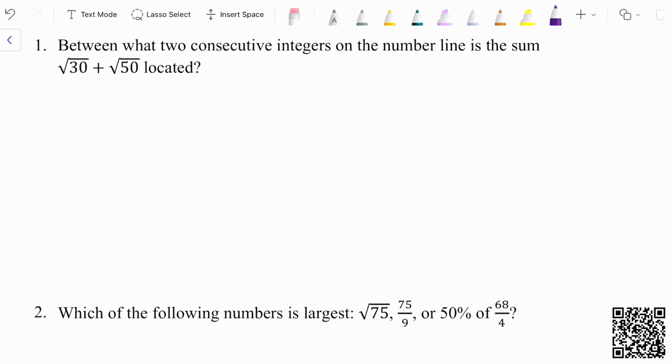Today's first question is, between what two consecutive integers on the number line is the square root of 30 plus the square root of 50 located?